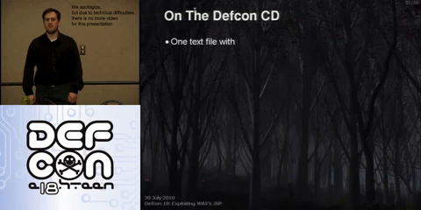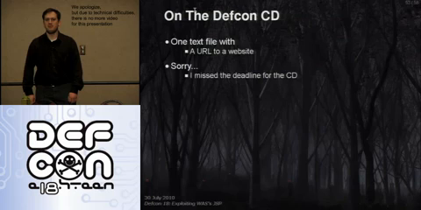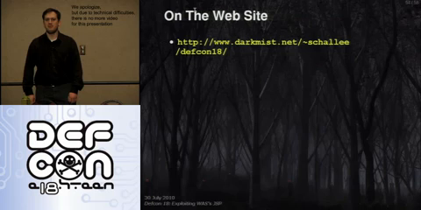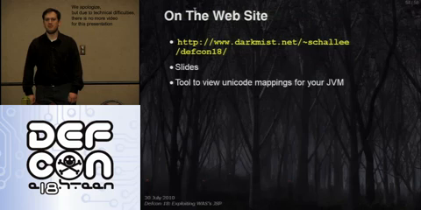So on the Defcon CD, there's one text file with a URL to a website, because I missed the CD deadline. Sorry. But on the website, and I'll be uploading this, there are slides. There's a tool to do the mapping of your JVM, which lists all of the different byte combinations for UTF-8, goes through them, and shows you what they're being converted to, and also what they do with the file system.